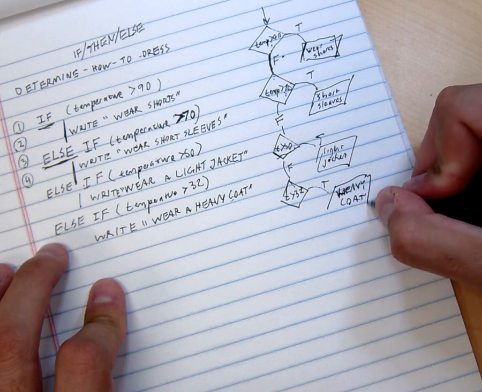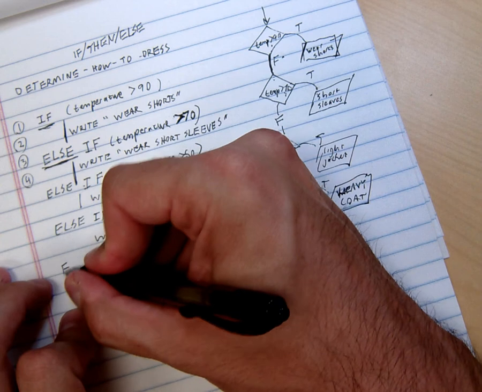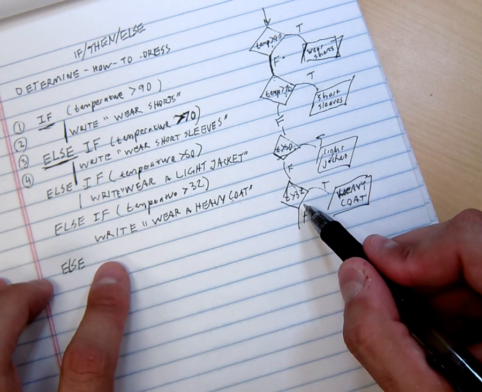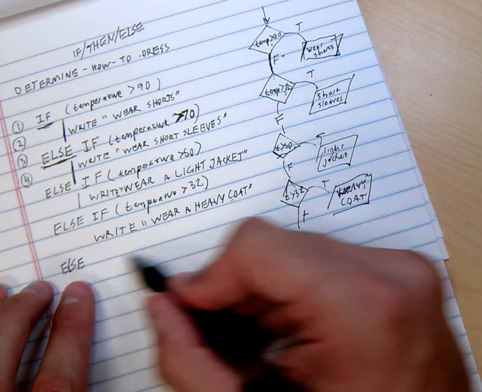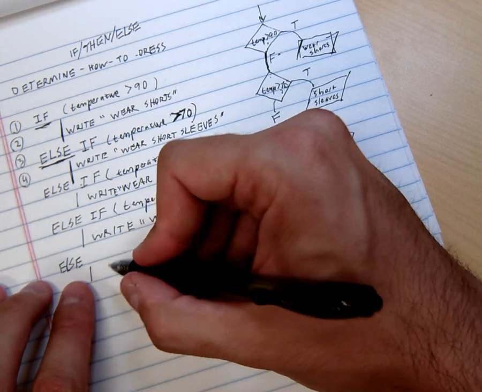And finally, here we see it's possible that this condition was false as well. Then we're going to say else, and we don't put a condition here. We just put here stay inside.